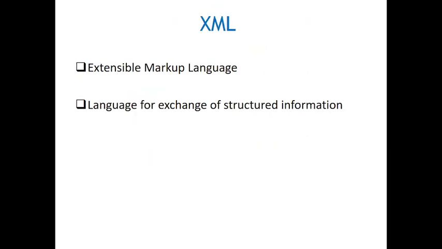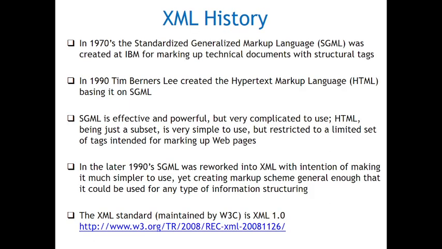So what does XML mean? Extensible Markup Language, used to exchange your information. What is the history of XML? First, in the year 1970, a language called Standardized Generalized Markup Language was introduced to create a document using tags.